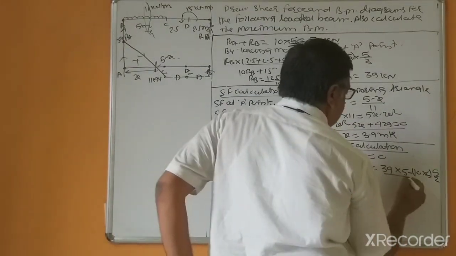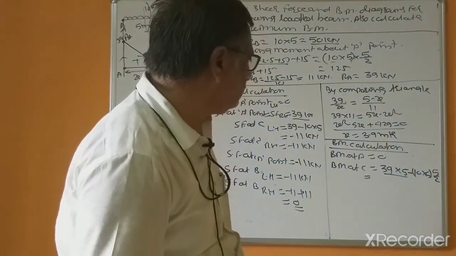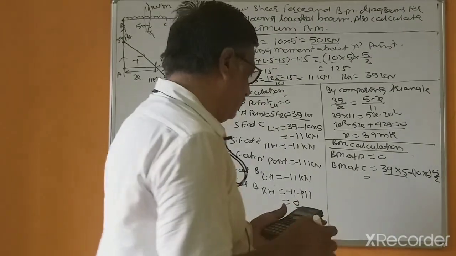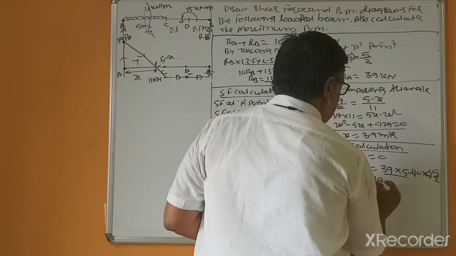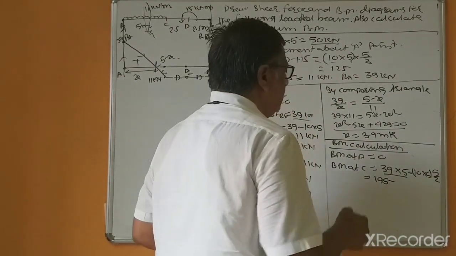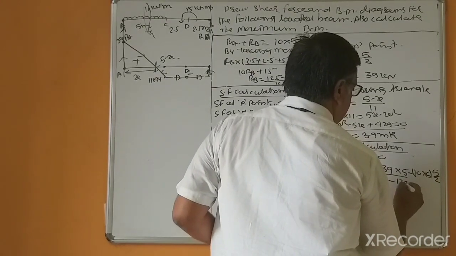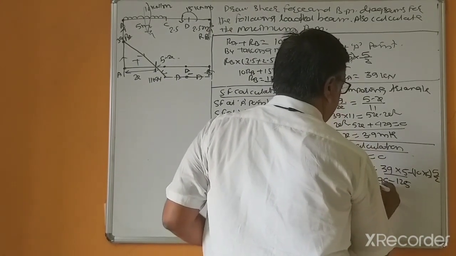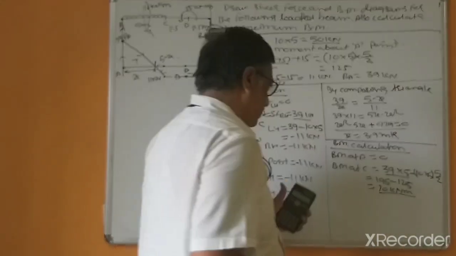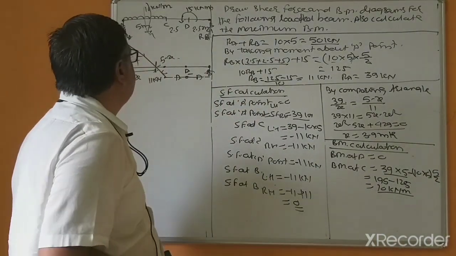So this is 39 multiplied by 5, 195, minus 50 divided by 2, 125. This is 70 kilonewton meter, the bending moment at C point.